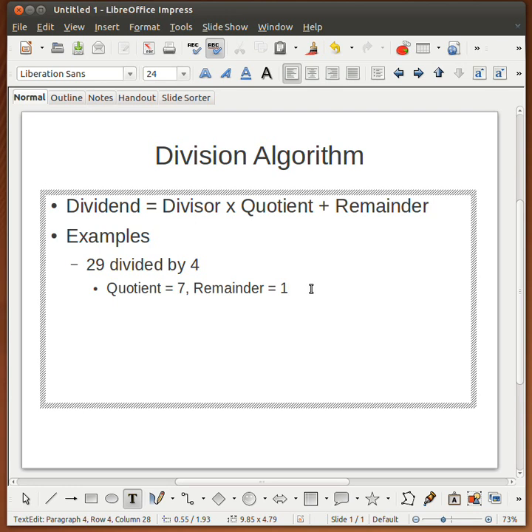But now I am going to try and go a little more deep into this. When you divide 29 by 4 to get the quotient 7, actually you'll be wondering, hey, 29 divided by 4 is 7.25. Why am I writing 7 over here?